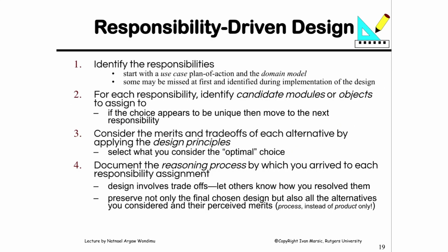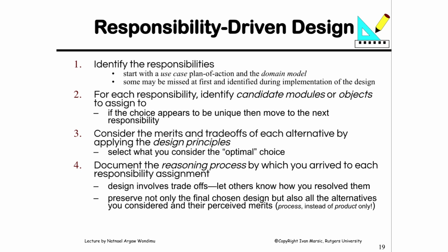System designs should be responsibility driven. We have already discussed this, because I said you have to compartmentalize your objects based on the three compartments of responsibilities. Okay, knowing responsibility, doing responsibility, and delegating responsibility. So from this, what we can say is that the first step should be identifying the responsibilities, and the second step, for each responsibility, identifying candidate modules or objects to assign it to.